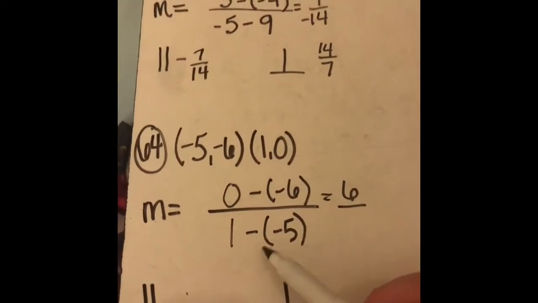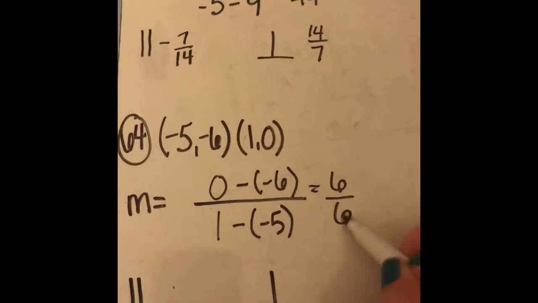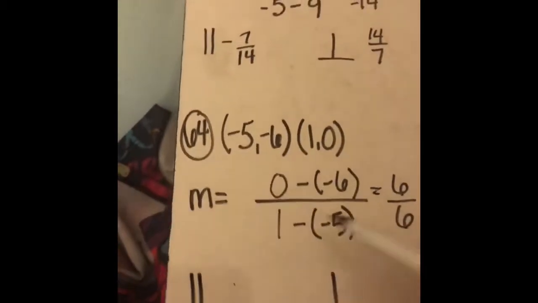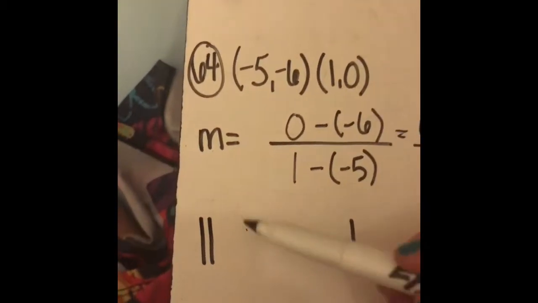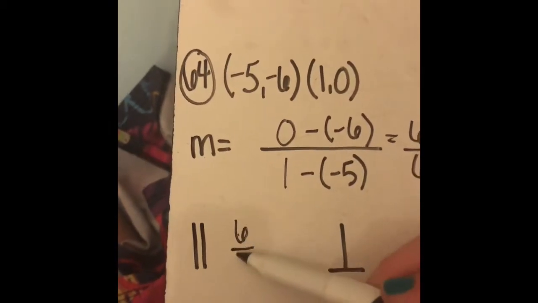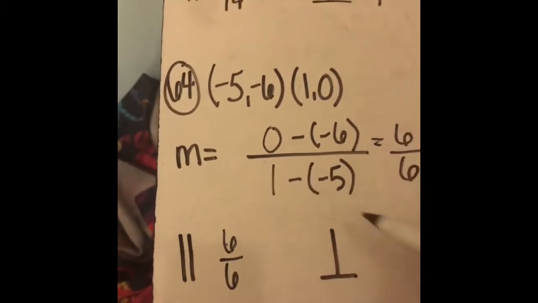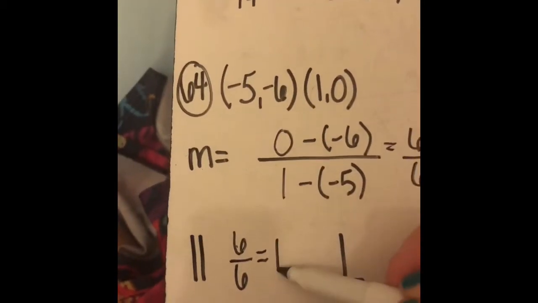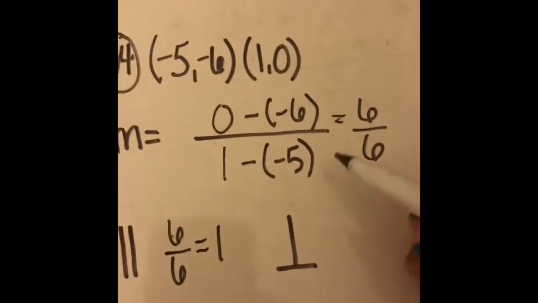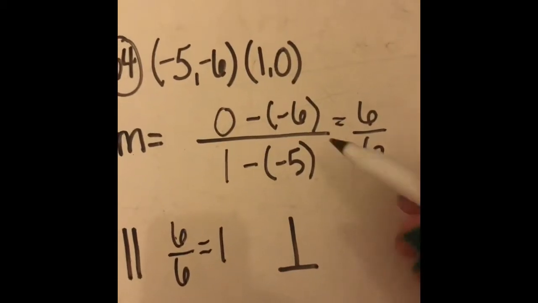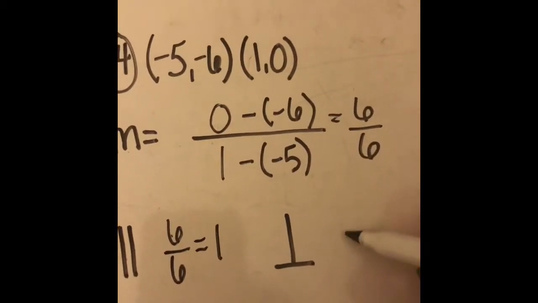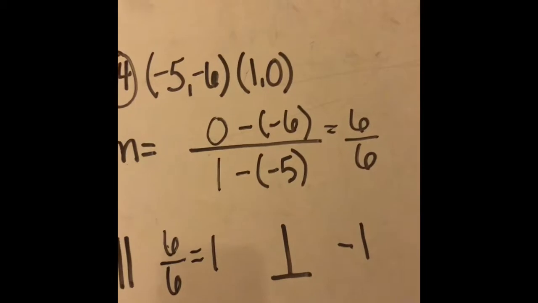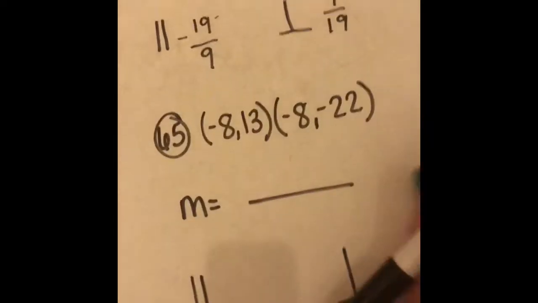And then that would be like saying 1 plus 5, so 6. All right, so your parallel would be 6 over 6, which equals 1, and then the negative inverse would be negative 1.